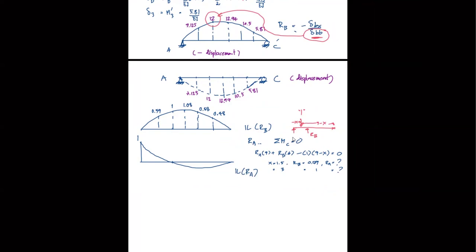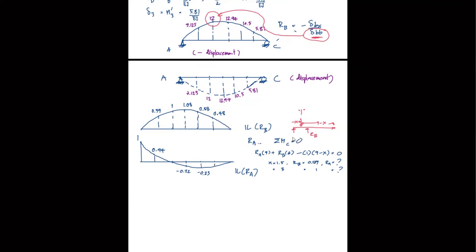This, at the location 1.5, I can't read my handwriting again, is 0.44, I guess. This has to be 0 because that's where support B is. This is minus 0.22. This is minus 0.25.